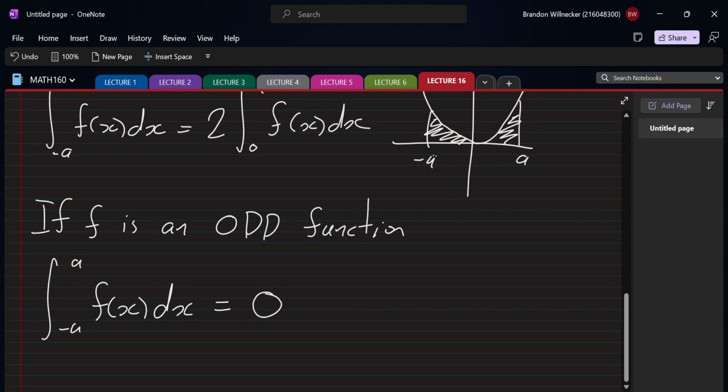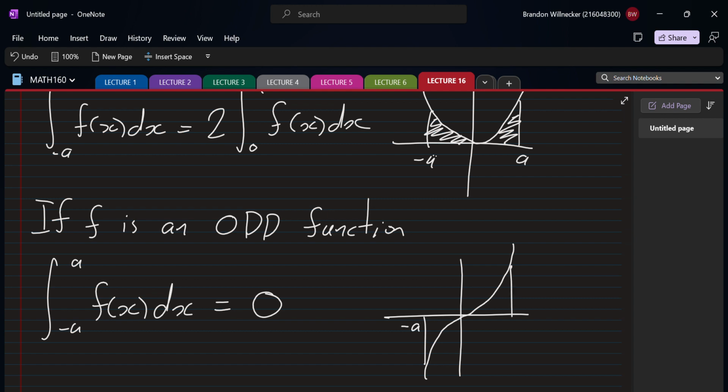So if you want to think about this in terms of like a cubic, it looks something like this. Now, if we want to go from minus a to a again, on the right-hand side, we've got a positive area, whatever that may be. On the left-hand side, we have a negative area.